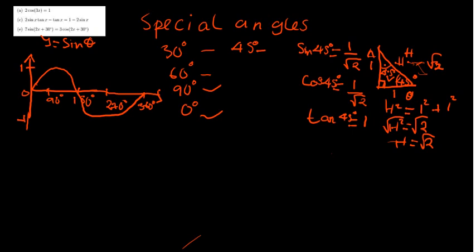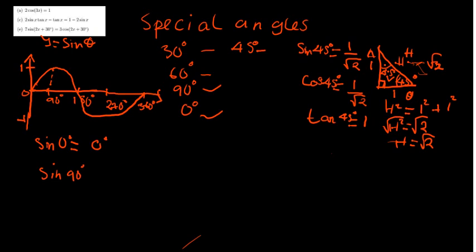So let's start with sine 0. Sine 0 degrees corresponds to 0. So the sine of 0 is 0. Then let's take sine 90.